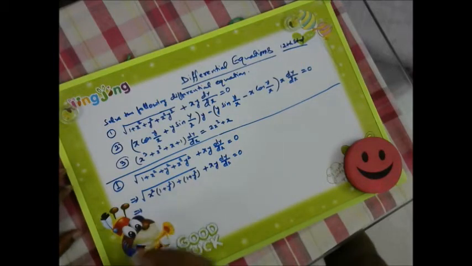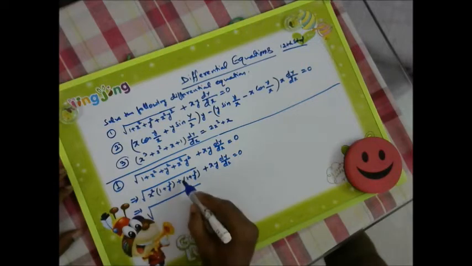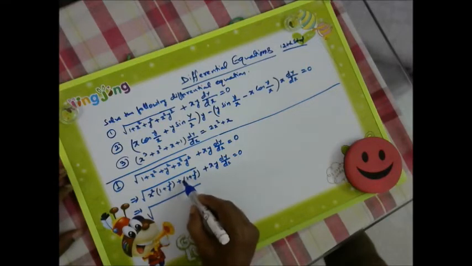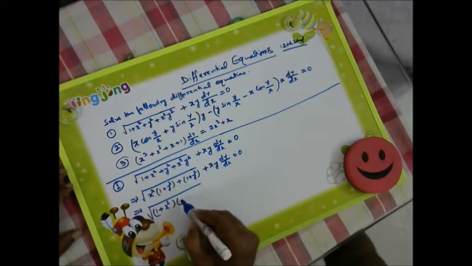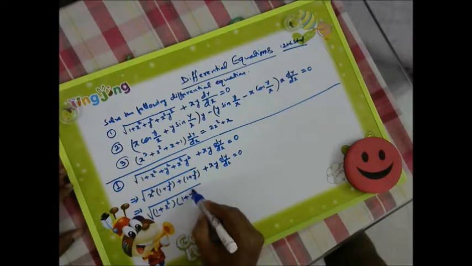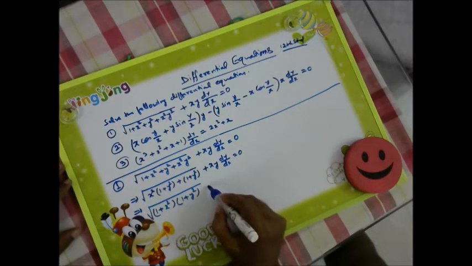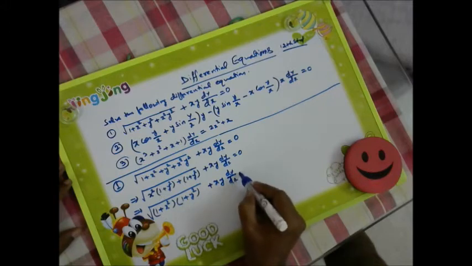Now further, it has become 1 plus x square, and 1 plus y square is there, so we can write the same expression as the factorized form 1 plus x square and 1 plus y square, plus xy dy by dx is equal to 0.